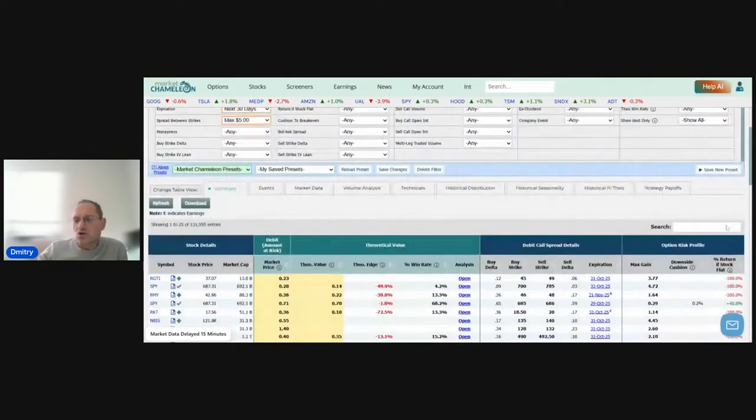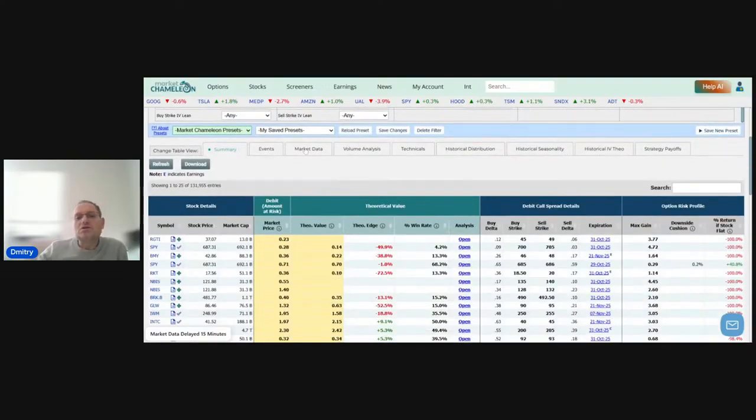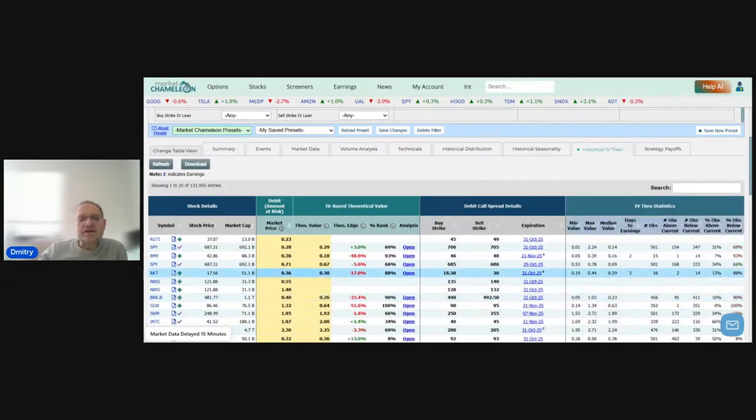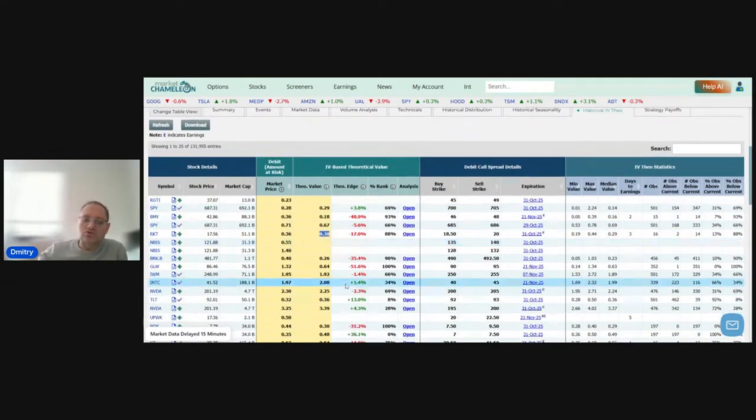We could also look at this: this is market price versus historical theoretical values or benchmarks, based on how the stock moved historically. What if we wanted to look at how the options are lined up, the implied volatilities? We could go here, historical IV. Now we have theoretical values based on the implied volatilities of similar options.